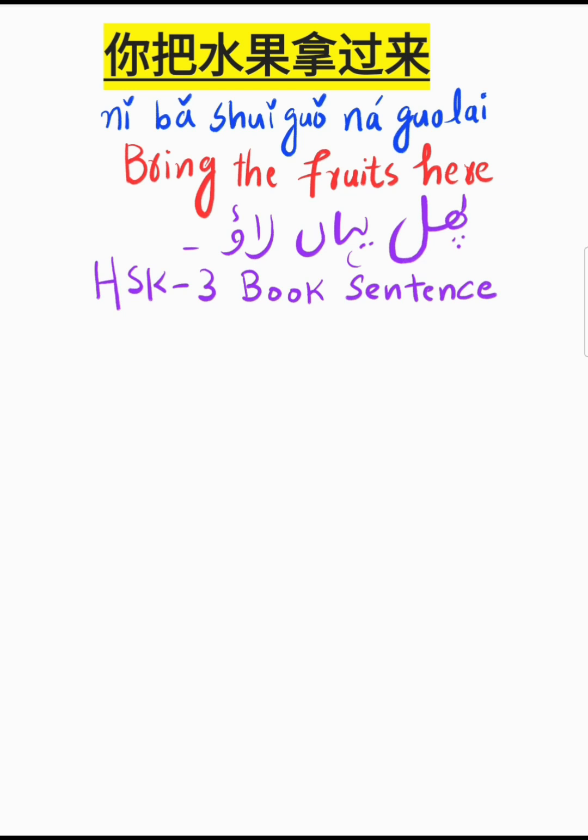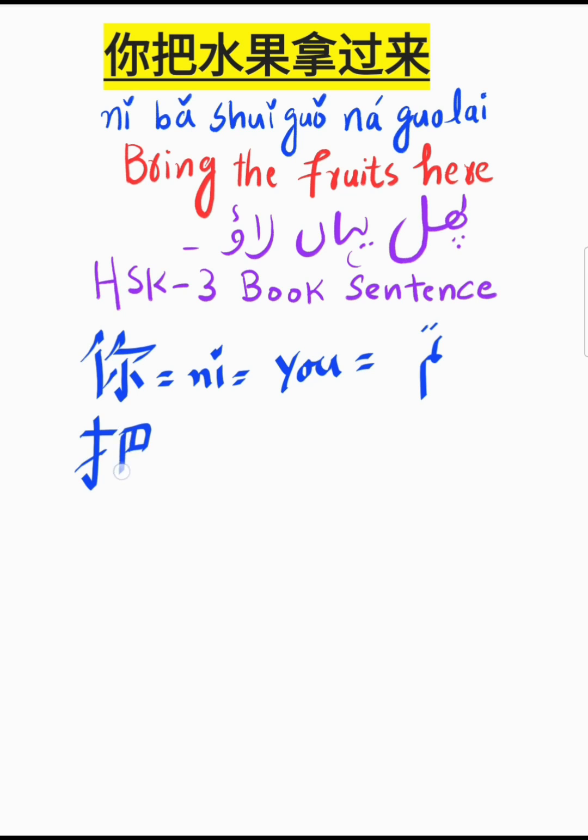Now I'm going to write these characters one by one. So the first character is, I have written it so many times, perhaps you would have understood this. Ni, tum. Ba.